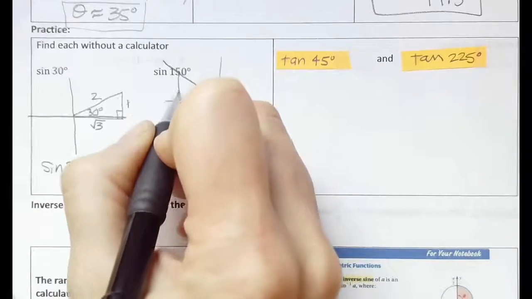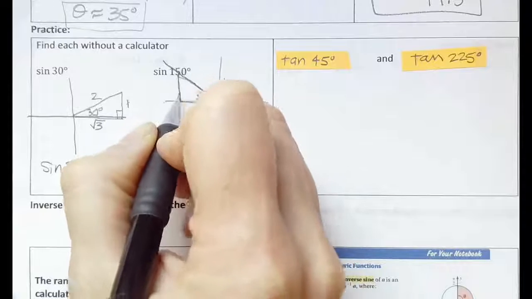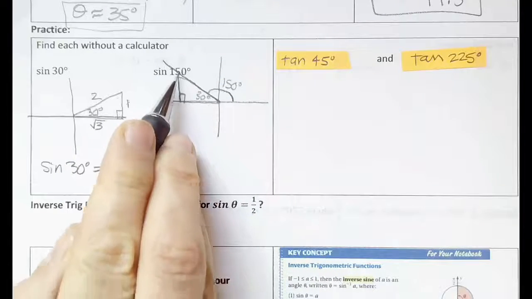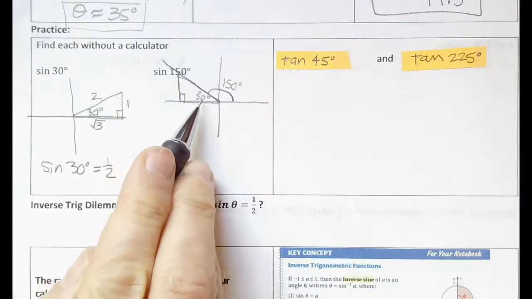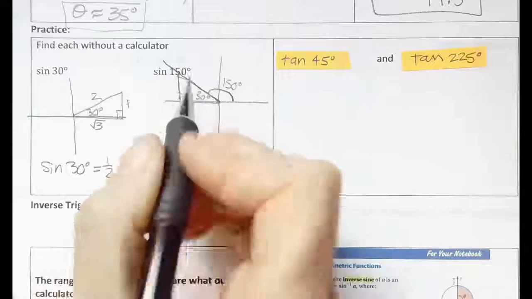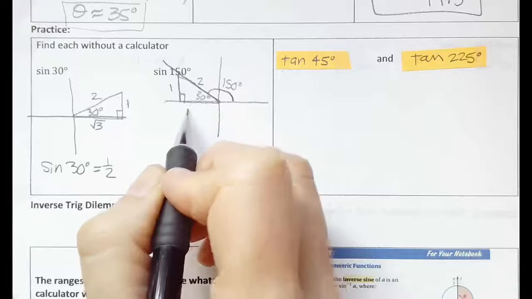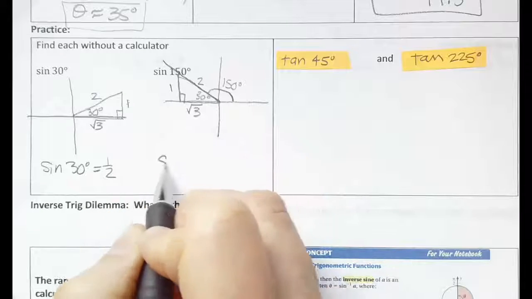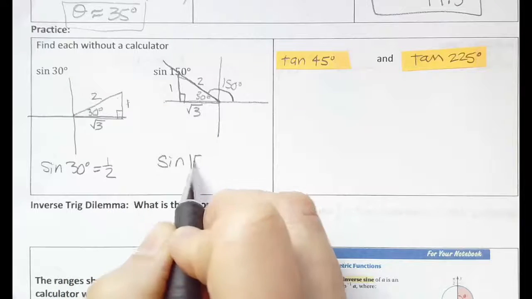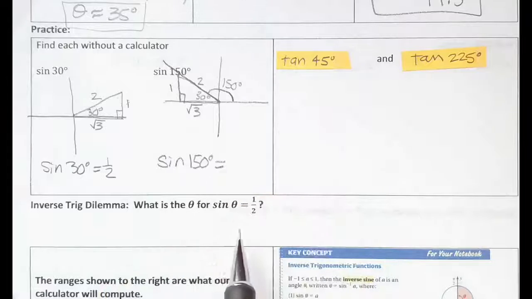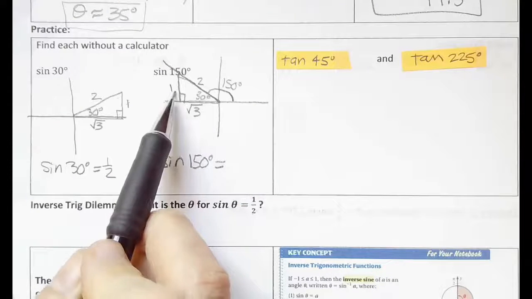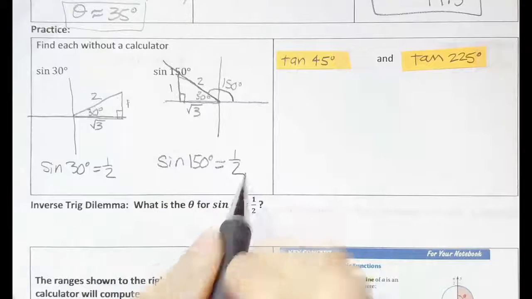Drop my perpendicular down to make my reference triangle. It's another 30, 60, 90 family. Across from the 30-degree angle is 1, the hypotenuse is double that, and the long leg is root 3. So sine of 150 degrees is opposite over hypotenuse, 1/2.